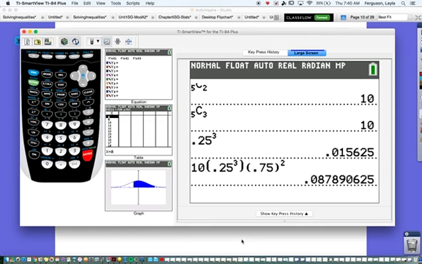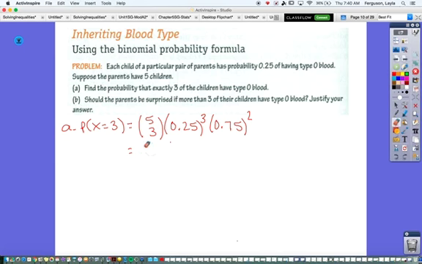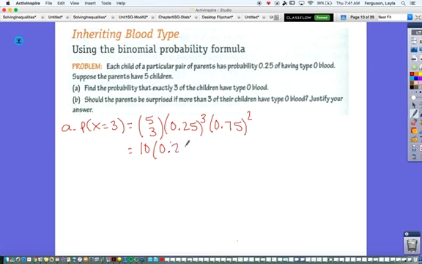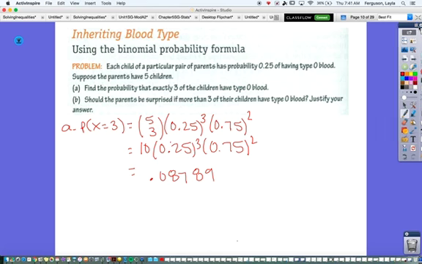And when we do that, we would get 0.08789. Actually, we can do this. Let me just write this. And so when we work that out, 0.08789. So the probability that exactly 3 out of 5 have type O blood would be 0.08789.